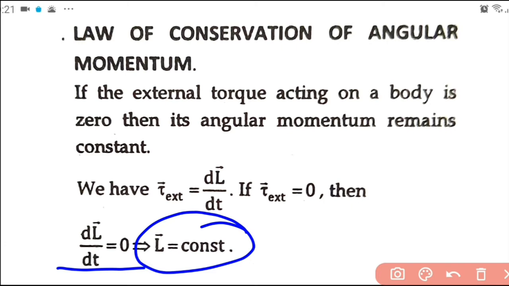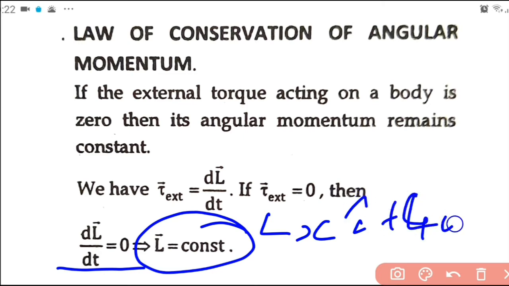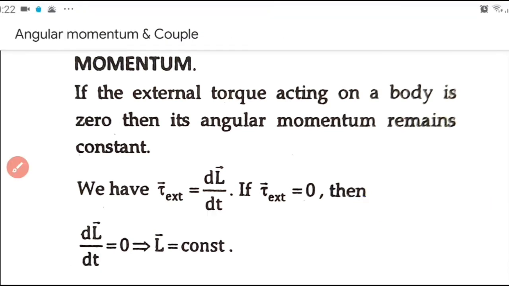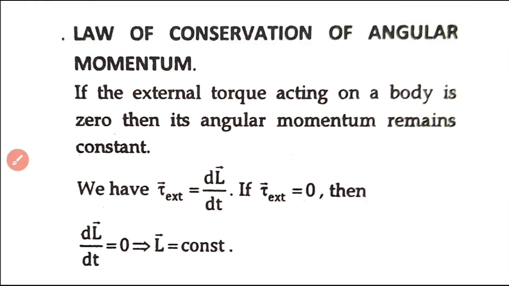And you know, this L is a vector quantity and it has x, y and z components like Lx, Ly and Lz, or we can write L as Lx i plus Ly j plus Lz k, like that. That means this L has x, y and z components.